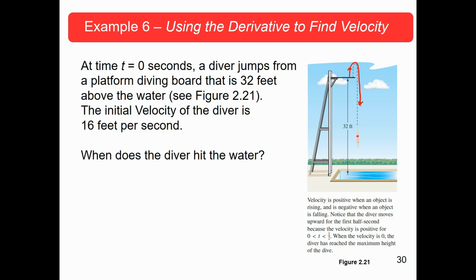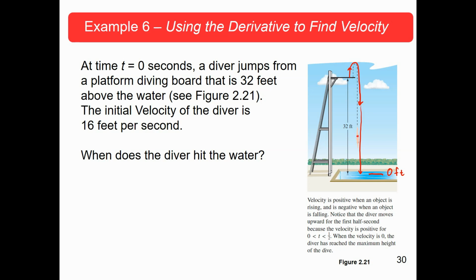Now, we want to determine when does the diver hit the water. Well, if he hits the water, what's his position? That's at ground level, that's 0 feet, right? So basically we're saying, at what time does s equal 0?